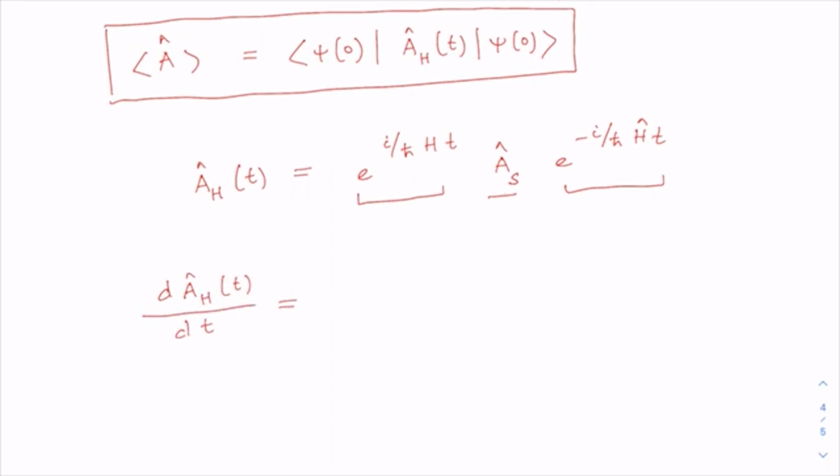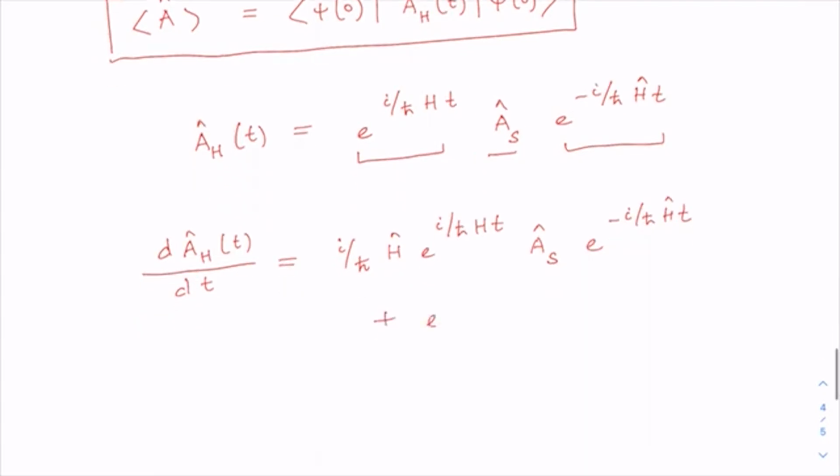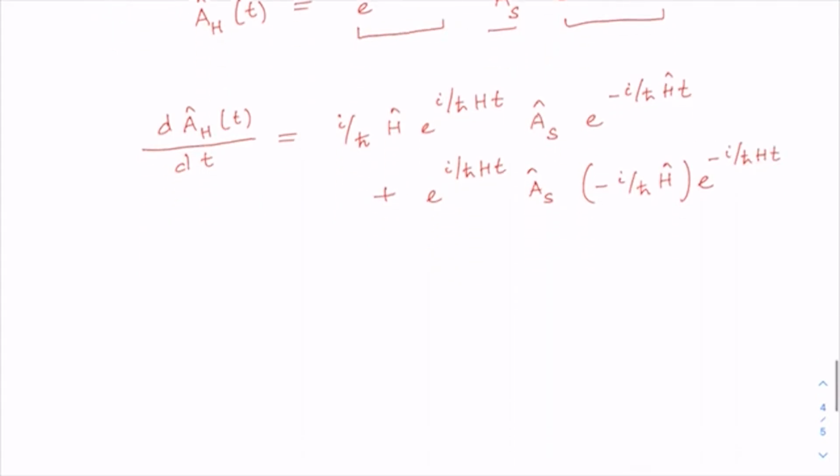So if I take the time derivative on both sides, I will have i by h cross H e to the power i by h cross H t A e to the power minus i by h cross H t, and then I will have another term e to the power i by h cross H t. As A_S is time independent, the derivative of the other factor gives minus i by h cross H e to the power minus i by h cross H t.